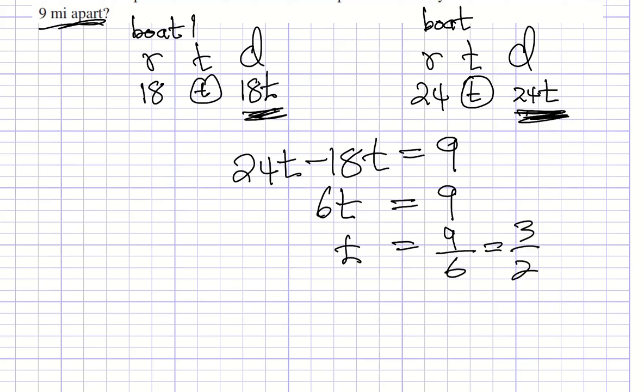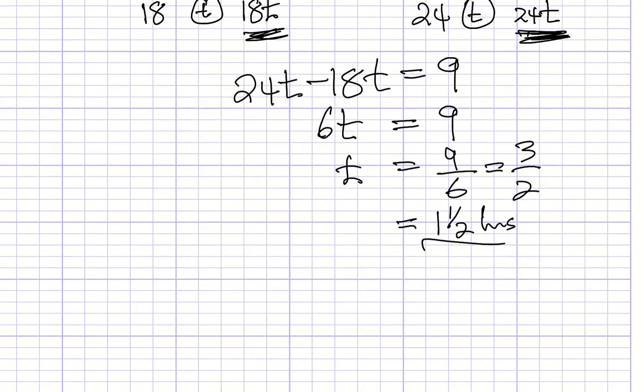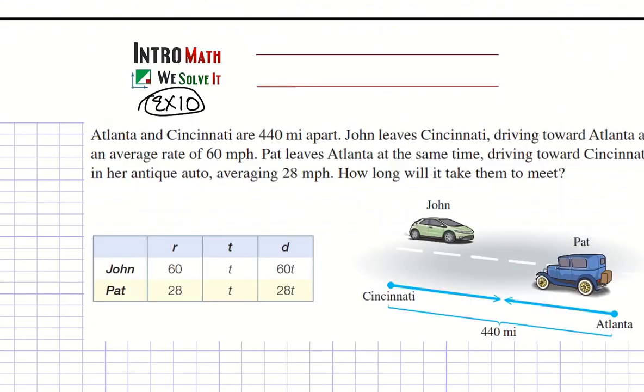Because we're dealing with hours, everything is in miles per hour, that will be 1.5. That's all it's saying, 1.5 hours, okay? And then we're done with that one.